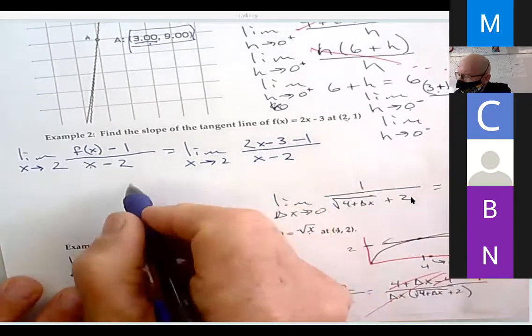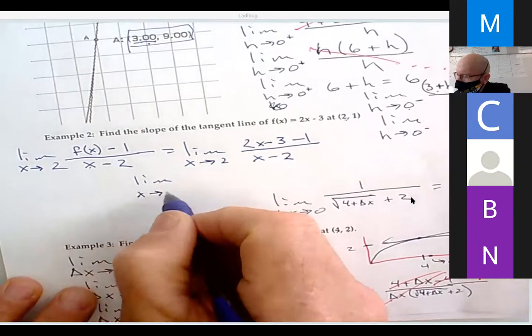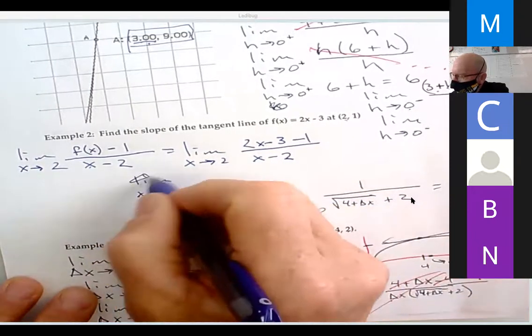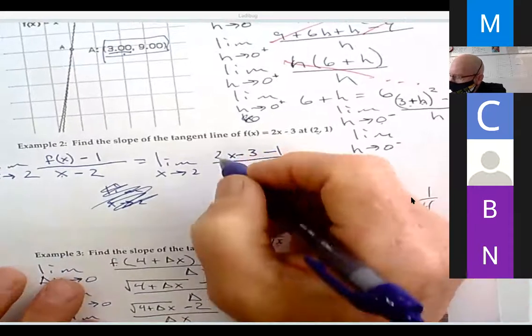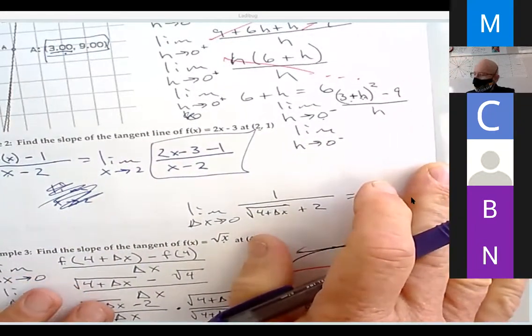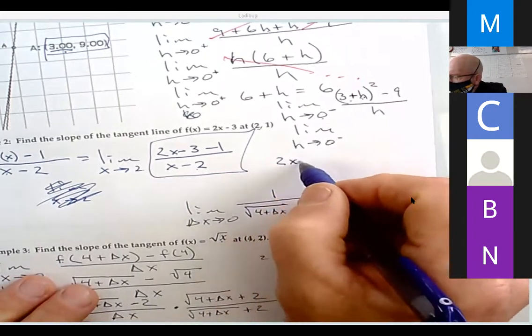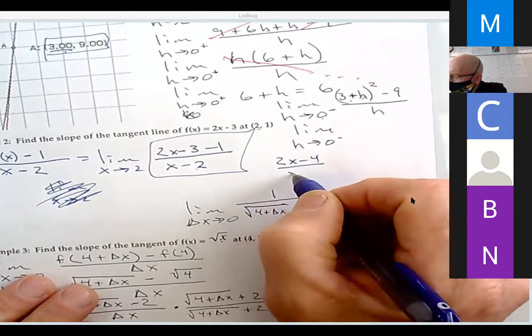So we're going to do a little bit of simplification. Well, let's just cross this out for a second. That's what we got to fix, right? I can't plug a 2 into there. So I'm going to factor, right? Would you agree? Yes. And I have 2x minus 4 over x minus 2.